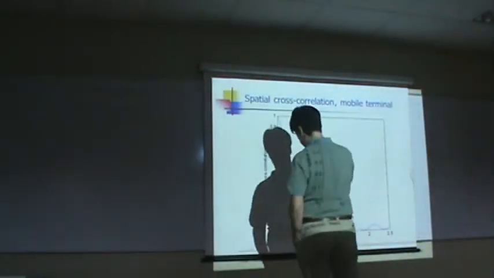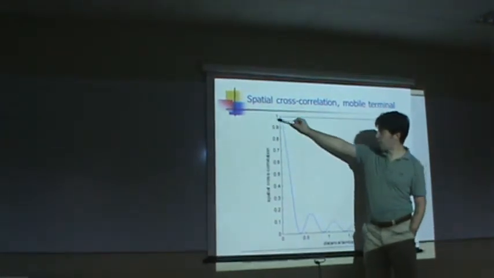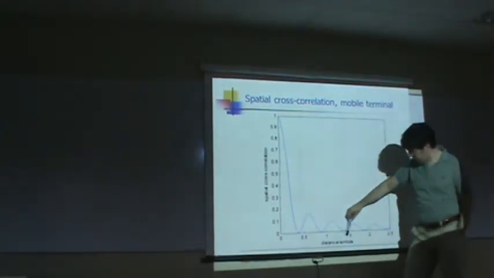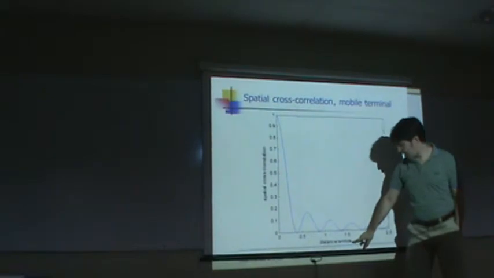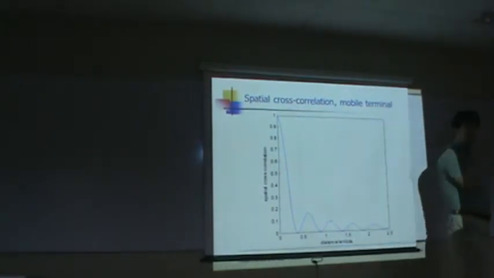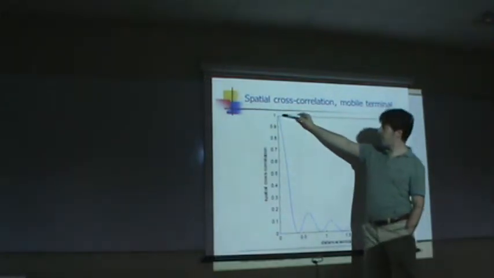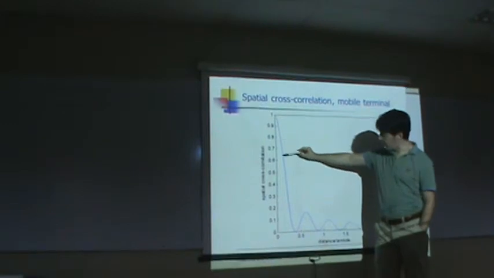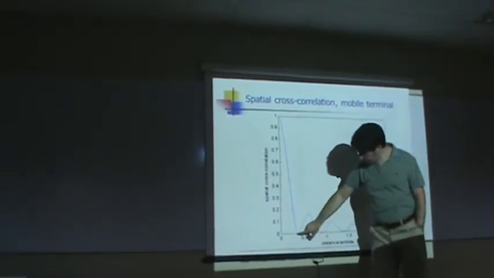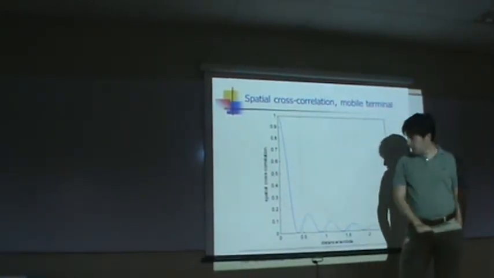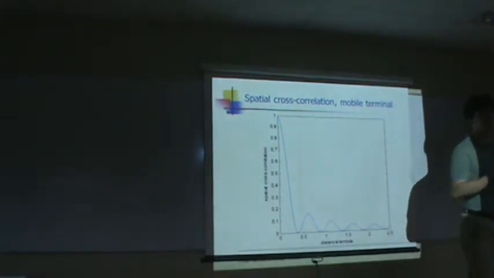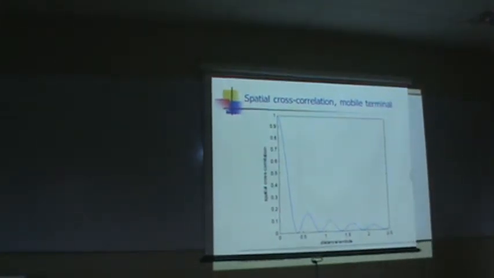This is the cross correlation, and this is the distance as a fraction of lambda, so it's distance divided by wavelength on the mobile terminal. You see that the cross correlation goes down very quickly, and already at half a wavelength away, the signals are completely uncorrelated.